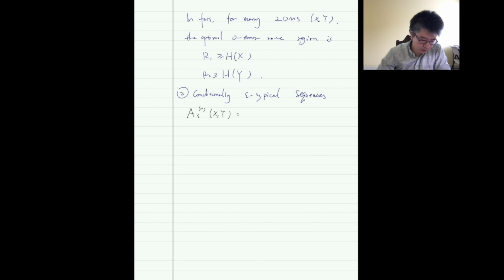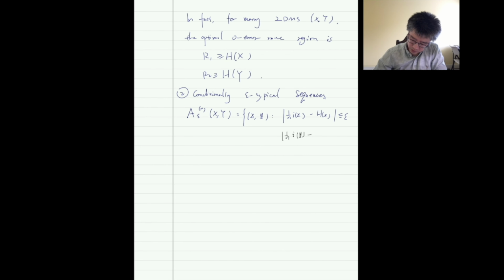That is for the pair of x and y, where the length of each vector is n, such that the absolute value of 1 over n times I(x) minus H(X) is less than or equal to epsilon.